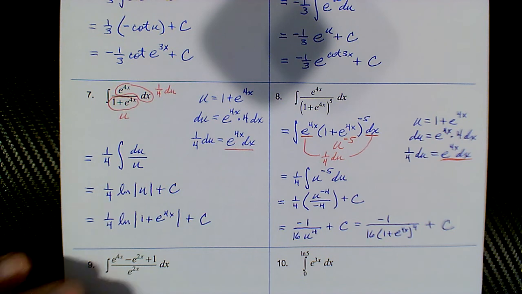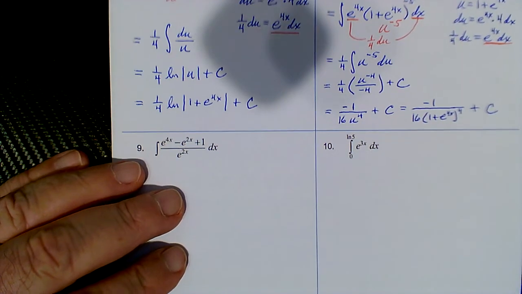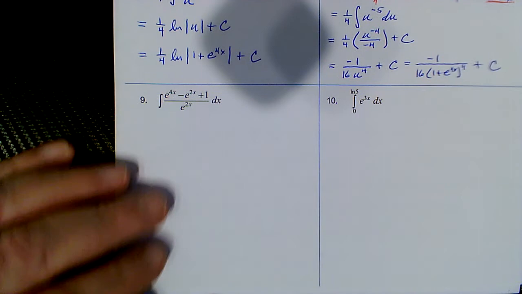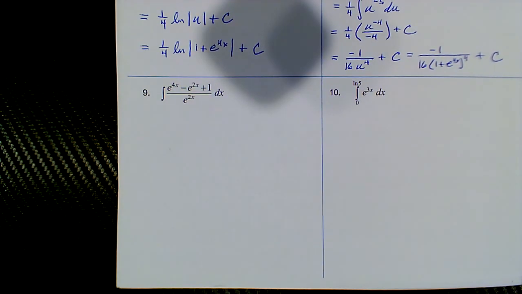Okay, and then just 2 more to go to finish off this topic. Number 9 is kind of a special one. I really actually like this problem quite a bit because you might look at it and say it's a fraction and the denominator is not a power, so du over u.